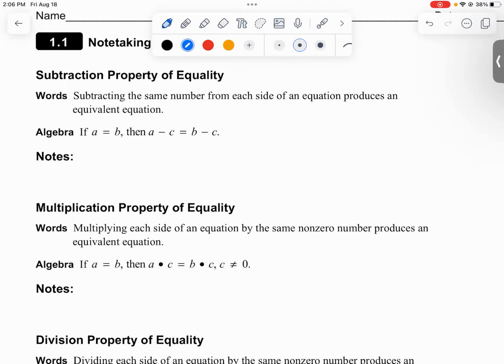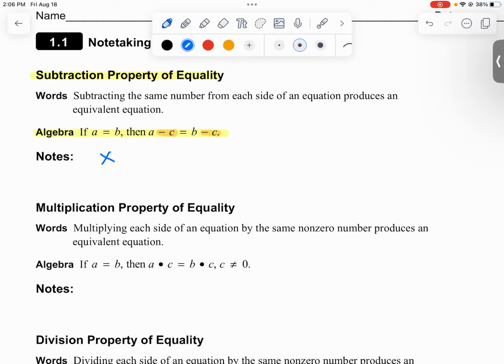All right. We have the subtraction property that tells us if we have A equals B, we can subtract C from both sides of our equation and we still have a mathematically true statement. If we subtract something to the left, we have to balance it out and subtract it to the right. When would that come into play?